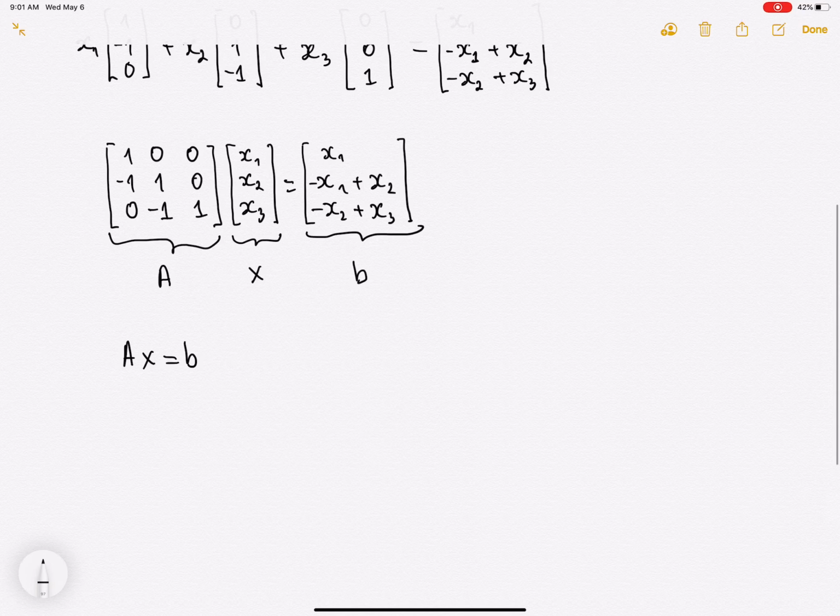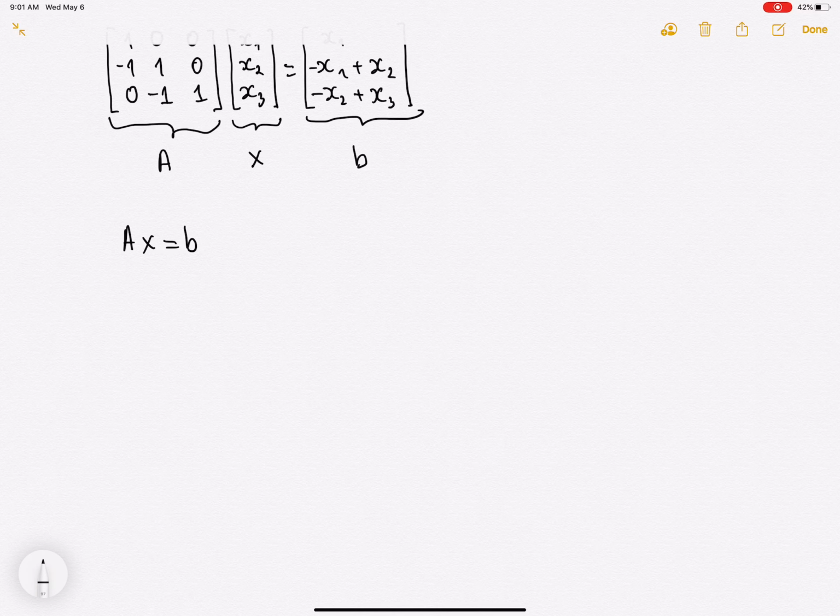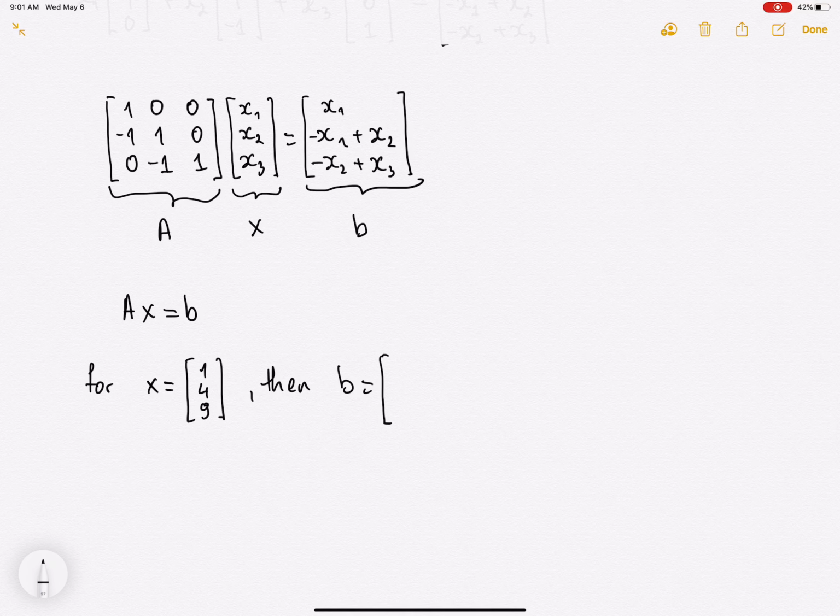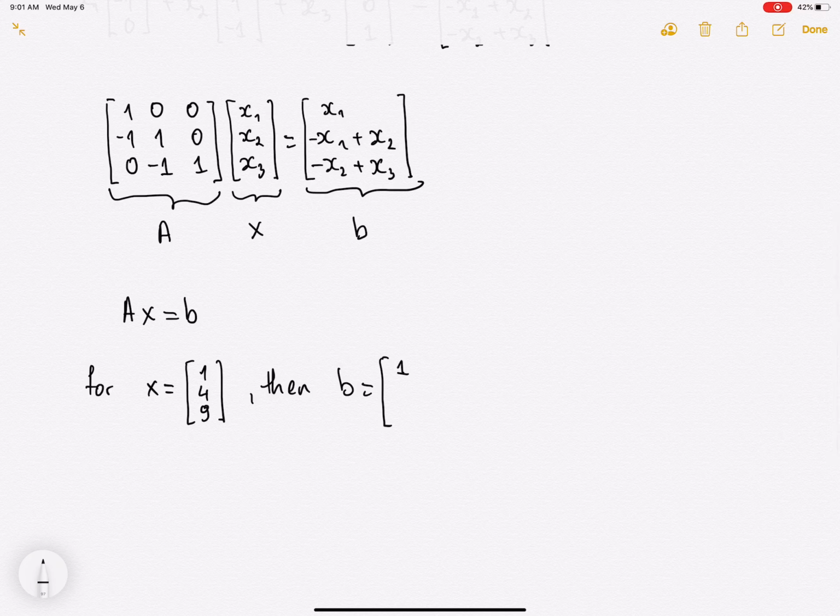If we take x to equal 1, 4, 9, then b, if you just replace the numbers, would be 1, then -1 plus 4, and -4 plus 9, which is equal to 1, 3, 5.